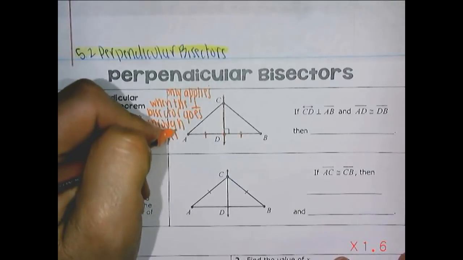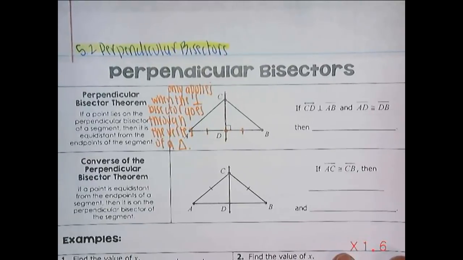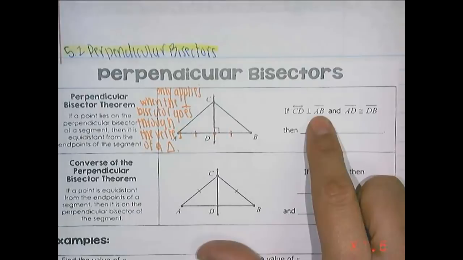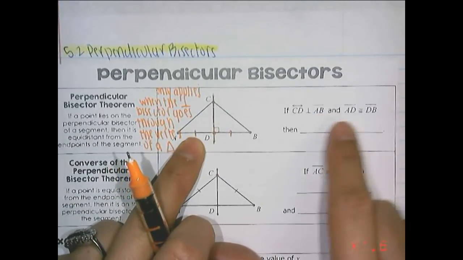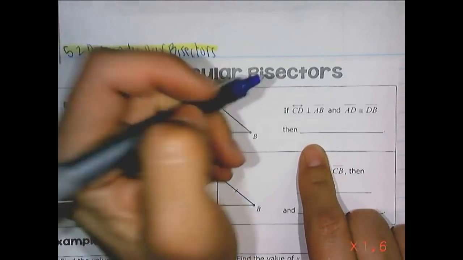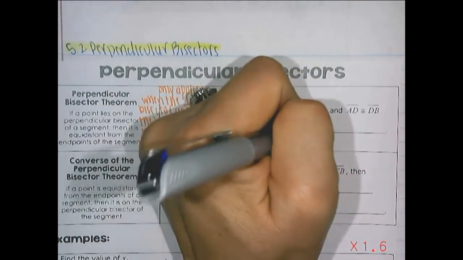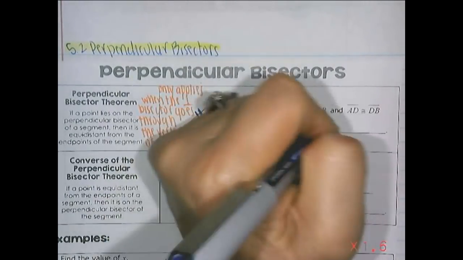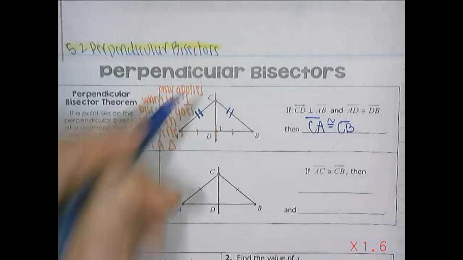So we know that if CD is perpendicular to AB and AD is congruent to DB, then we can assume that CA, this segment right here, is going to be congruent to CB, this segment right here.